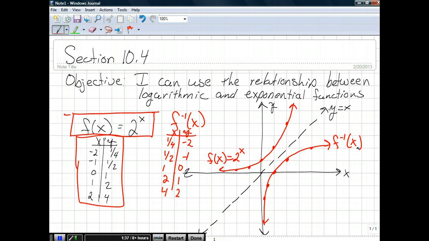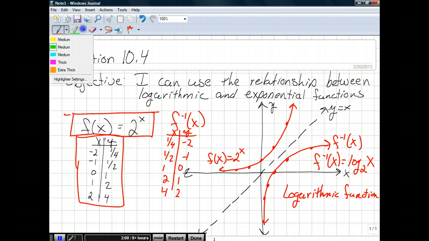Well, these inverse functions are what we call log functions. So f inverse of x is what we call log base 2 of x. Okay? This is a logarithmic function. So a logarithmic function is the inverse of the exponential function.